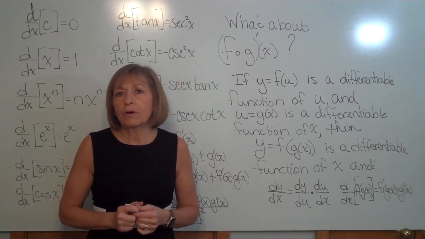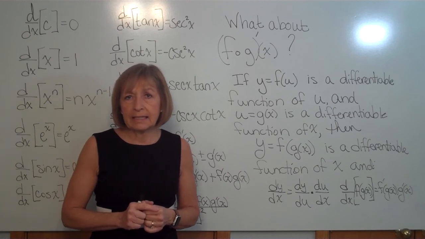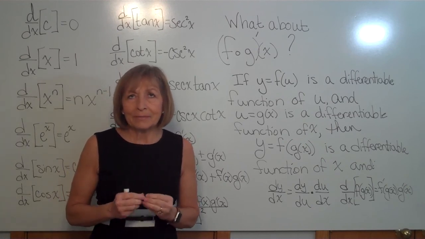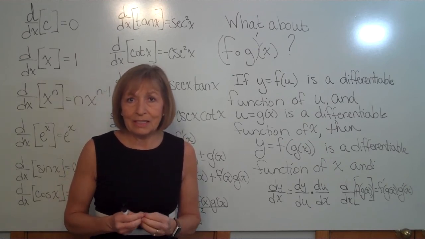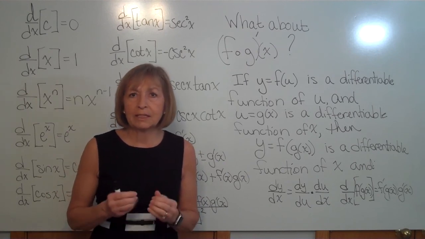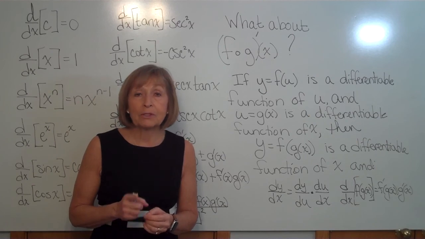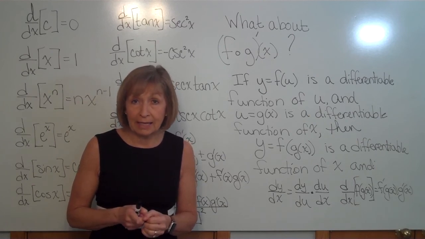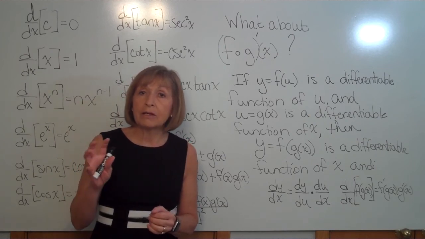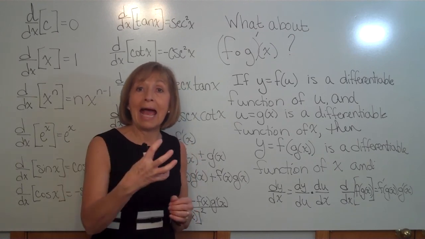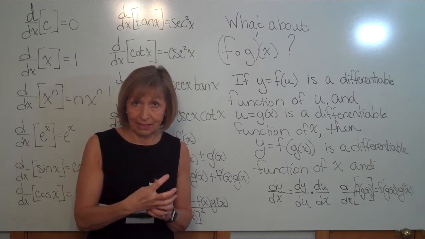One more thing before I go to those examples: there's a key element that you need to work on and make sure you have really strong in your thought process. That is the difference between when two functions are multiplied and when there's an outside function acting on an inside function.